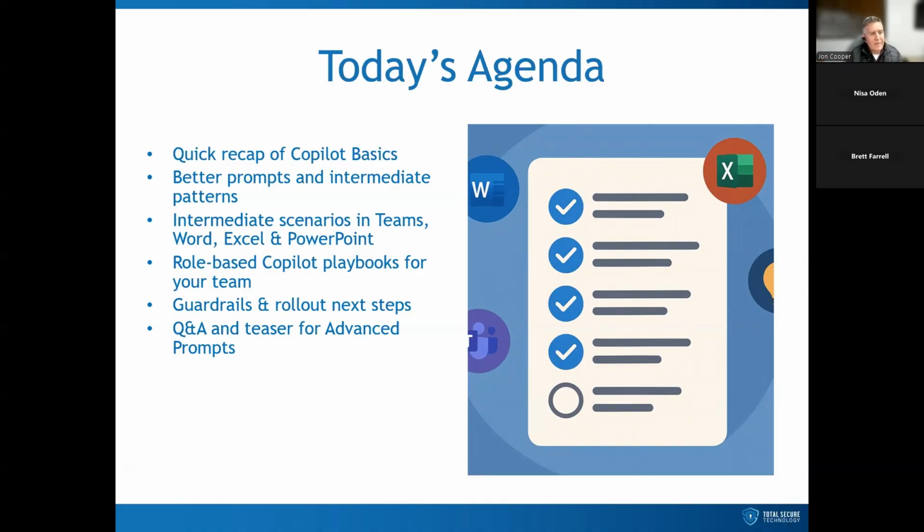We'll walk through some intermediate scenarios in Teams, Word, Excel, and PowerPoint. These are not crazy advanced tricks. They're realistic workflows that you can start using immediately. And we'll wrap up this session with some role-based Copilot playbooks.